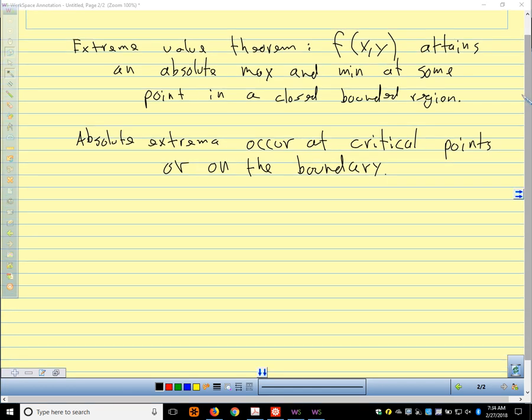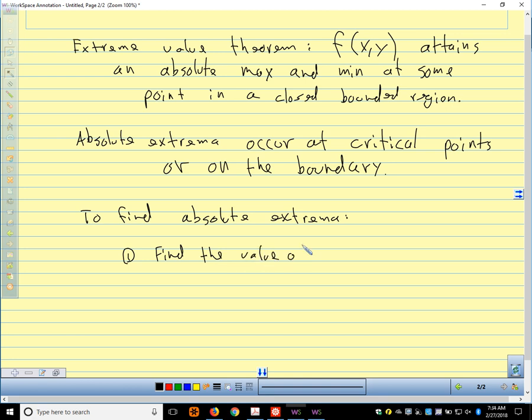All right, so to find absolute extrema on a closed bounded region, one, we find the value of f at critical points.